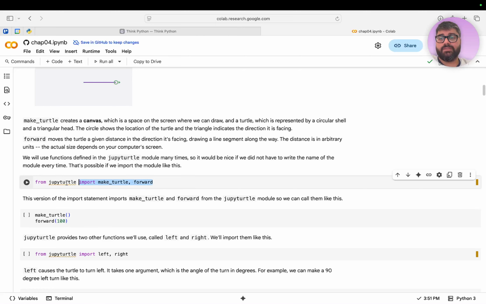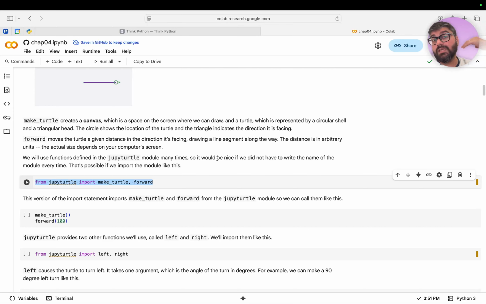So by the way, taking a sidebar because I don't really care about this Jupyturtle stuff, but when you do from import something, that's actually better practice, because going back to what we spoke about in the previous episode about scopes, when you import something, you bring it into the scope.